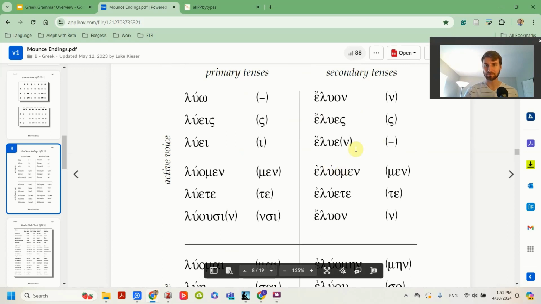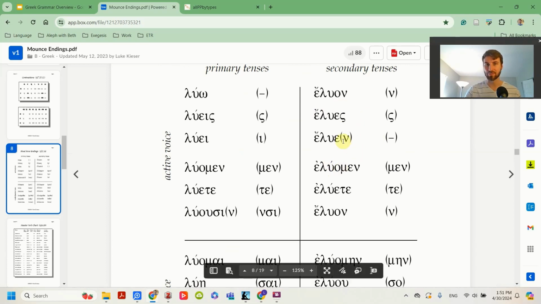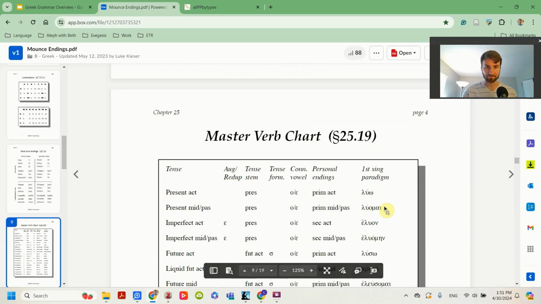And because it has theta eta, you're going to have to just look at this column here. So we'll have thēn, thēs, thē, thēmen, thēte, thēsan as the endings. And it'll have the added augment at the beginning before the stem.